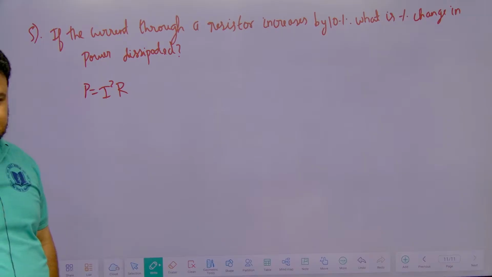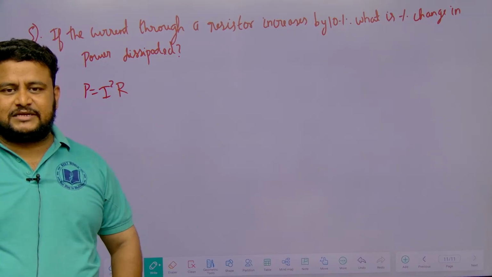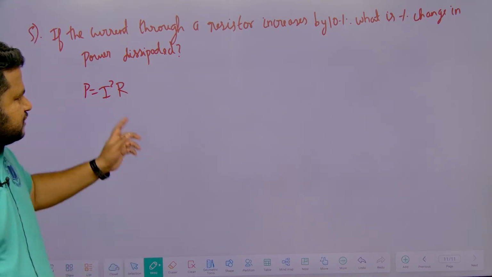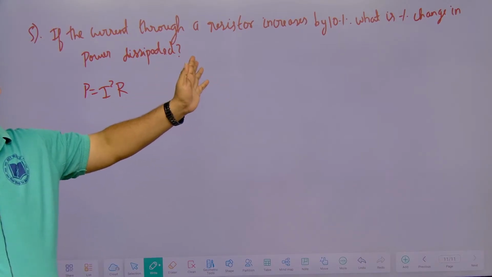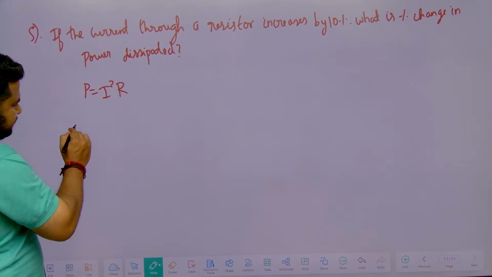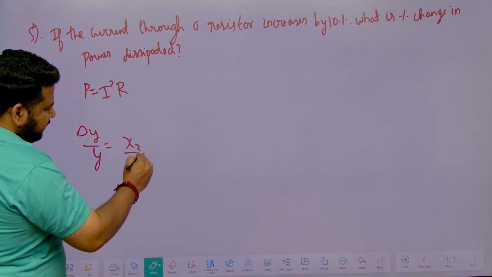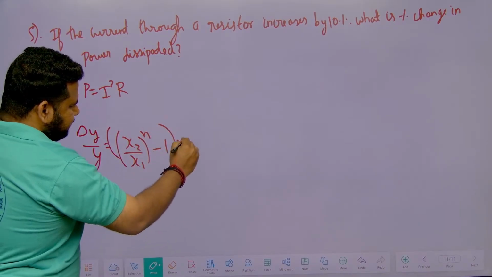So here if you apply the previous small percentage change formula, you will get a variable answer. We want an accurate answer because options will be very close. So for this, 10% is given, so we will apply the large change formula. What is the formula that we have? Delta y by y is equal to x2 by x1 whole to the power of n minus 1 into 100.